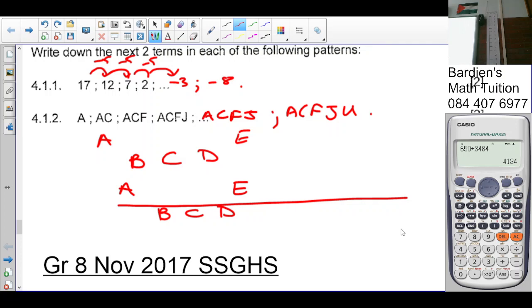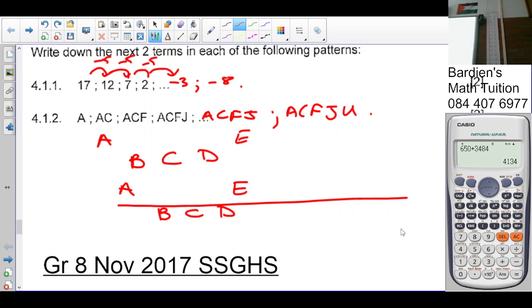No. If you go A, B, C, D, A on top, B at the bottom, C on top, then C had to go on top. But C is in the right place. Why must F be at the bottom?